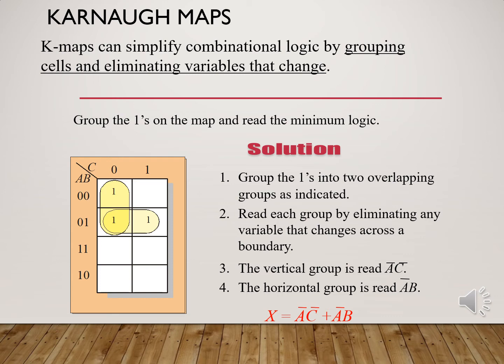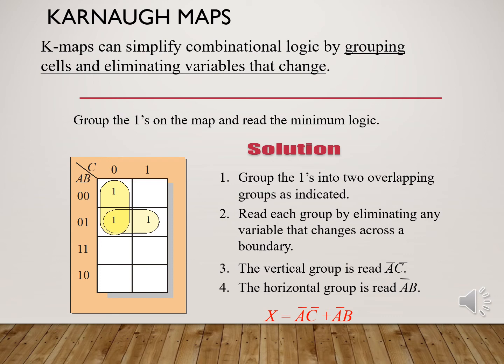Now come to the second row. So second row is A bar, B, C bar. Here between the first row and second row, in respect to the first column, you have only the B changing. That is, the first cell holds a value A bar, B bar, C bar.